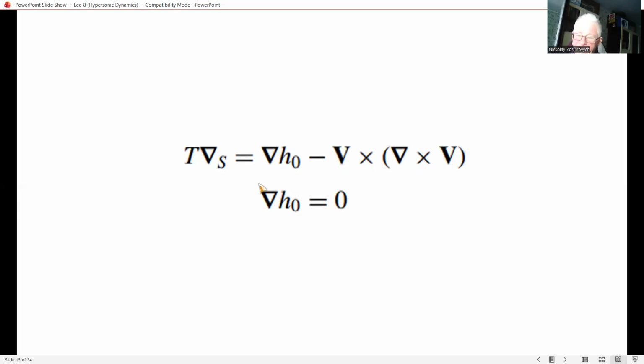So here we have nabla H naught, the gradient in total enthalpy at a point of the flow. For steady adiabatic flows, H naught should be constant, and hence we have nabla H naught equals 0.